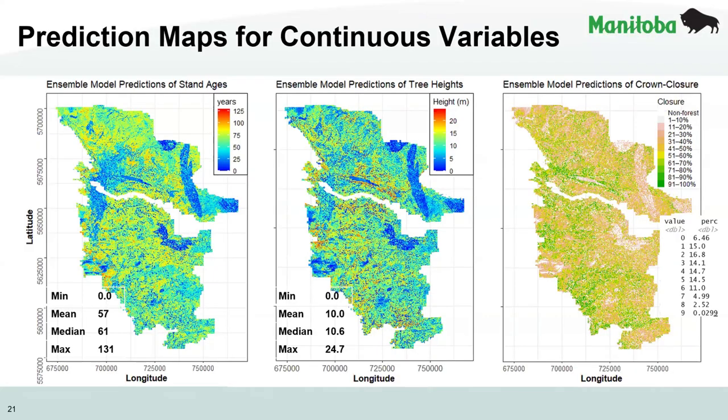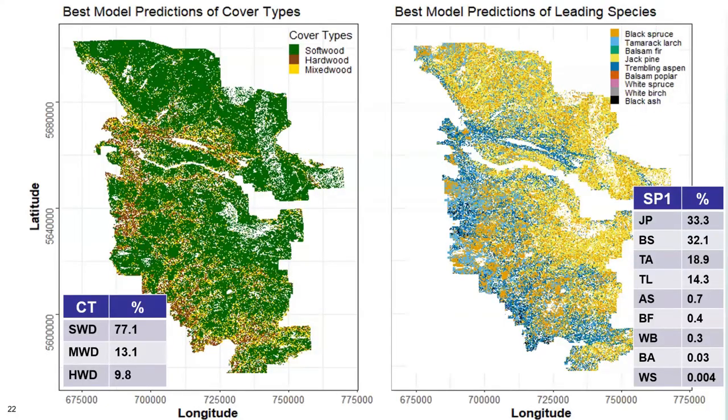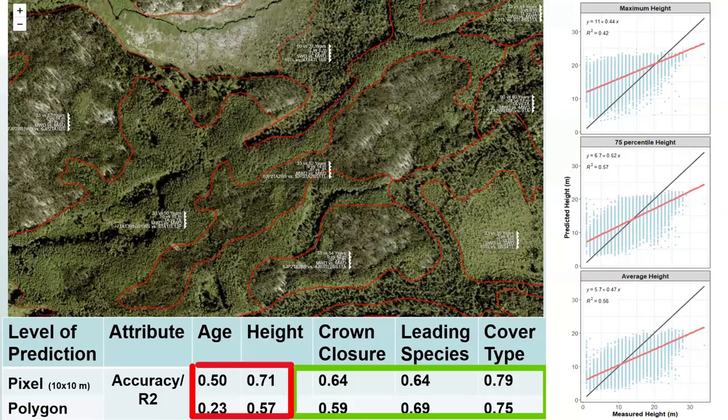For the categorical variable cover type, the prediction result suggests that almost 80% of the area is covered by softwoods. Mixed wood and hardwood are less represented. For leading species, jack pine, BS, TA, and TL are the most dominant in this area of interest.